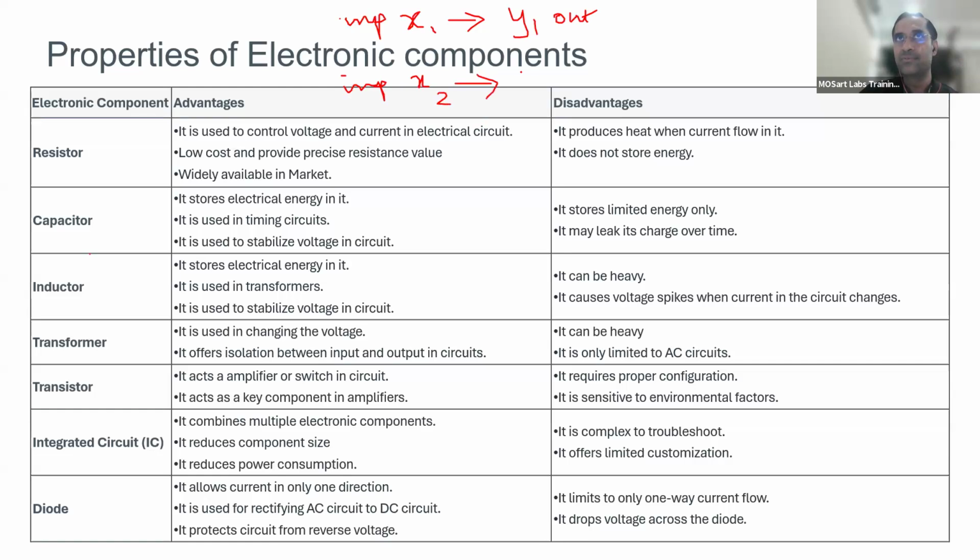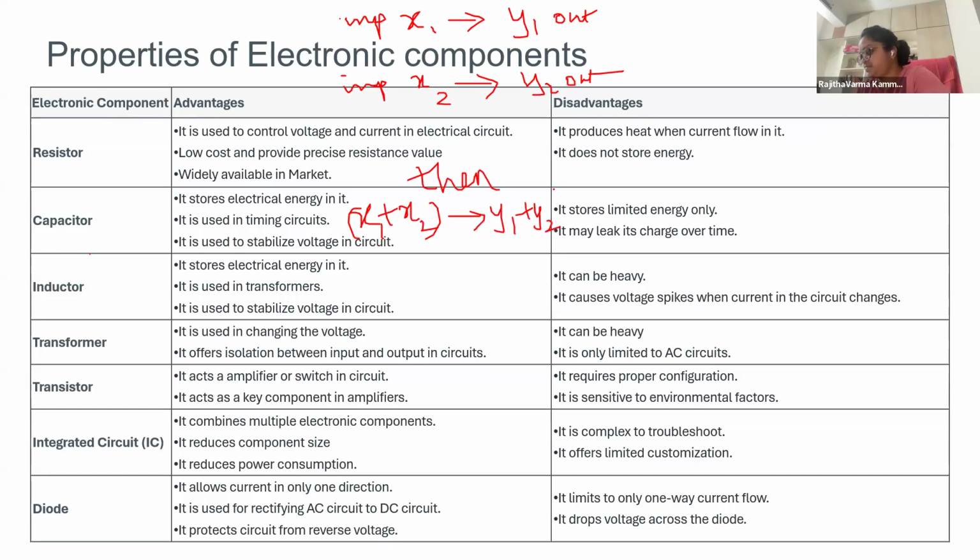And if this gives you y2 as your output, then x1 plus x2 should and must give y1 plus y2. Right. And this is the fundamental basis for your superposition principle.